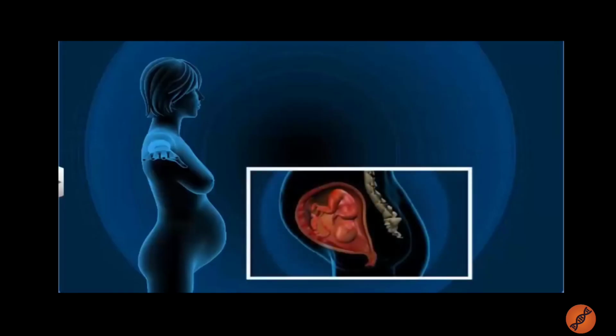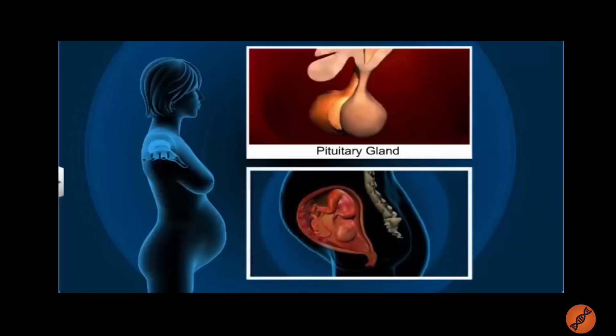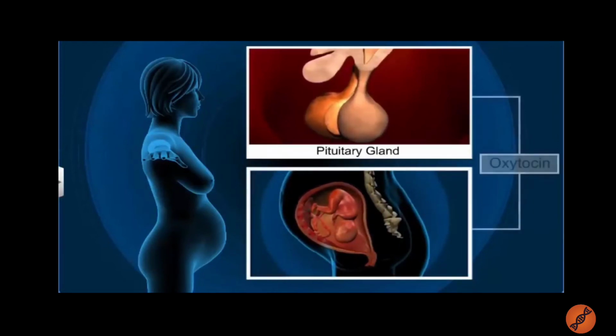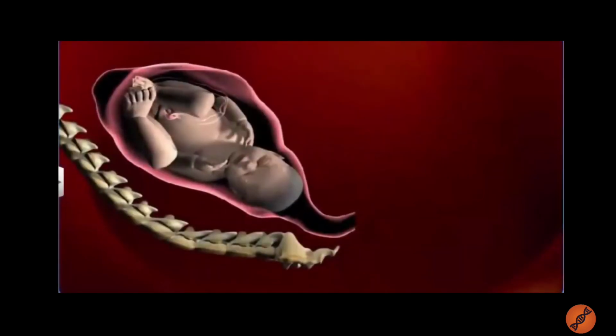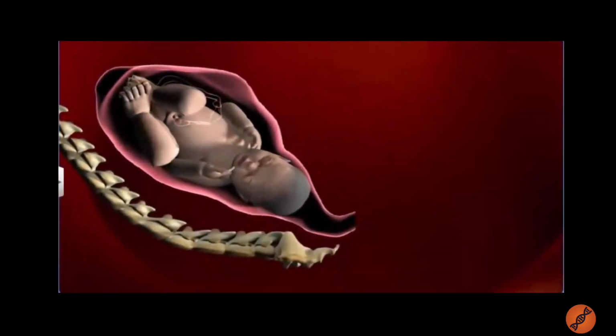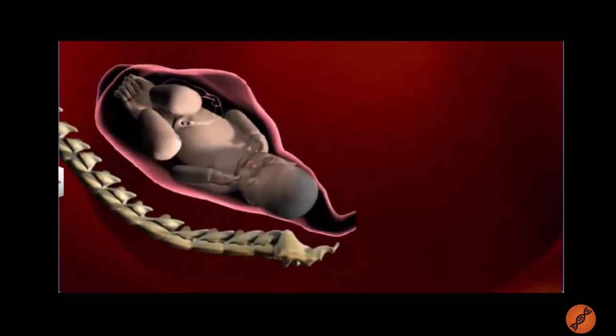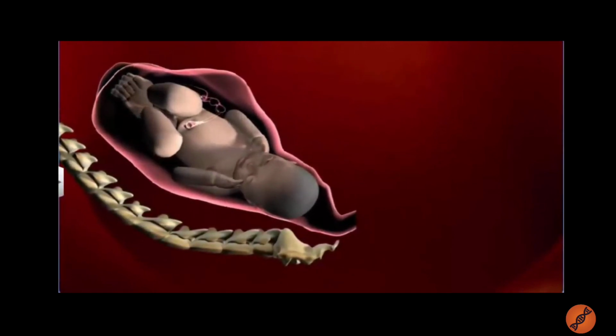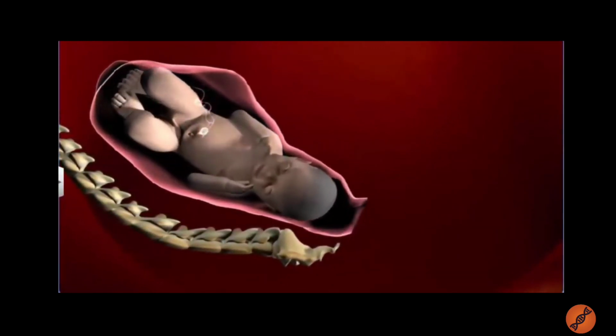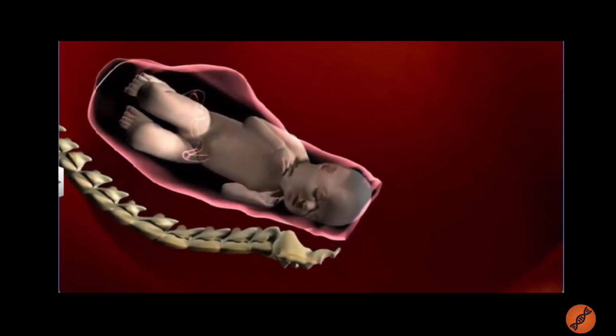These contractions in turn act on the mother's pituitary gland, which now starts secreting oxytocin, the hormone that causes stronger uterine contractions. The simultaneous uterine contractions and oxytocin release make the contractions stronger with every passing minute and ultimately result in the expulsion of the baby from the mother's uterus.